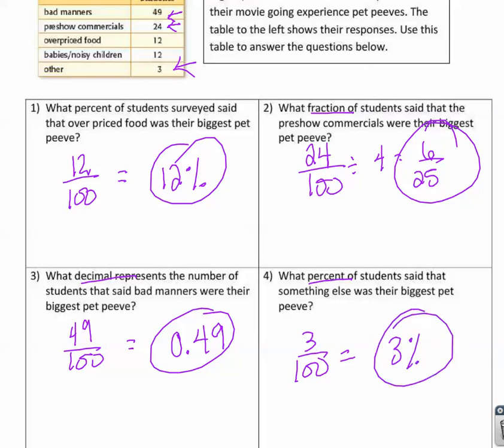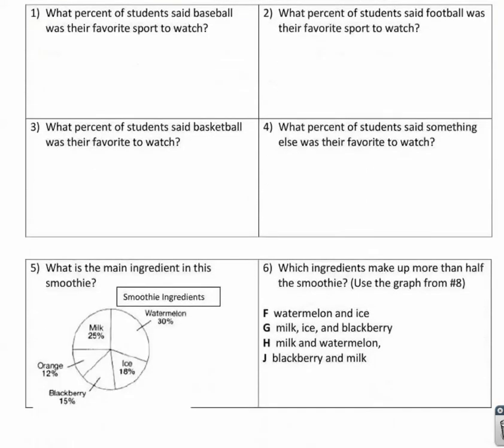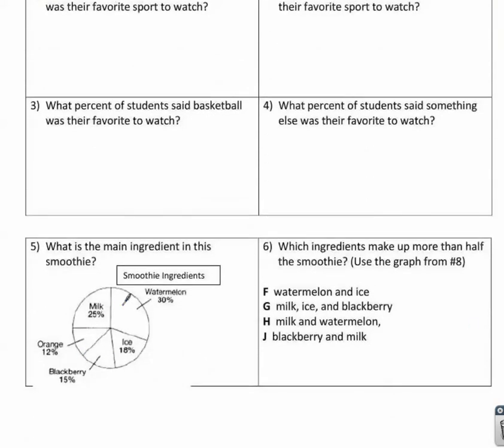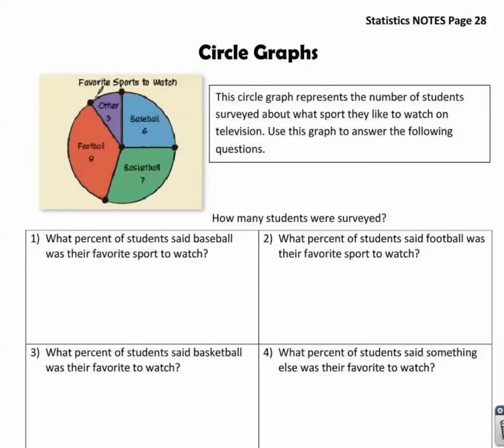Turn the page, we're going to talk about one more thing. Scroll down to the bottom to number 5. So if you have a circle graph like this, let's say this is out of 200 students. I'm sorry, scroll back up to the top. Let's look at this circle graph.